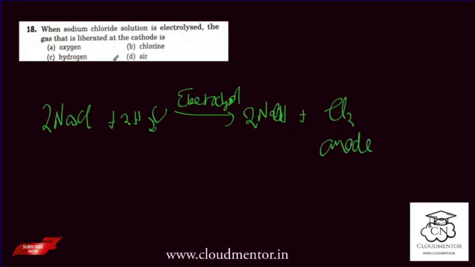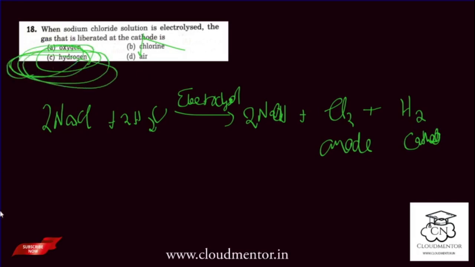Chlorine gas is at the anode, so it is not the option. And at the cathode, the product is hydrogen. So option C is the right answer.